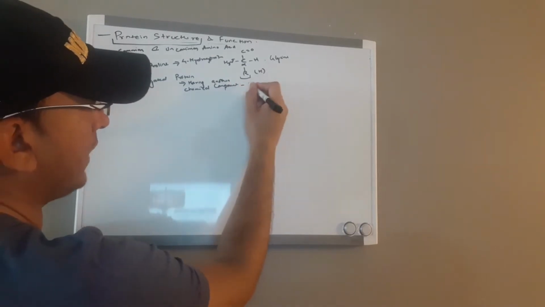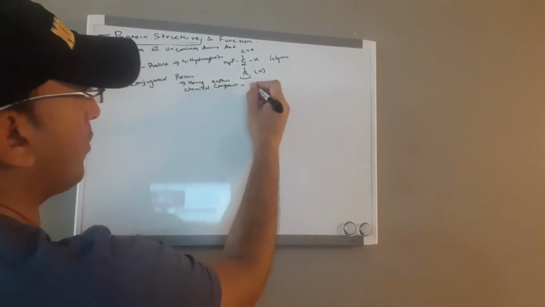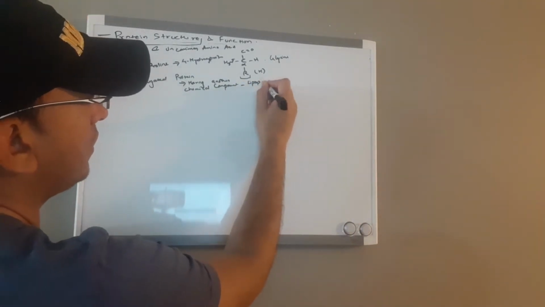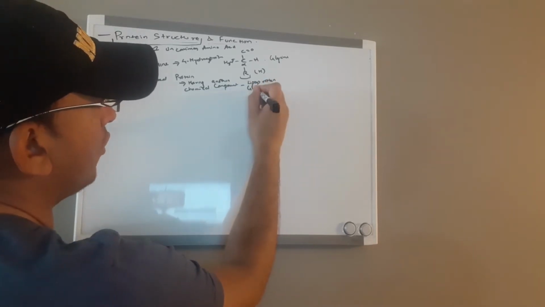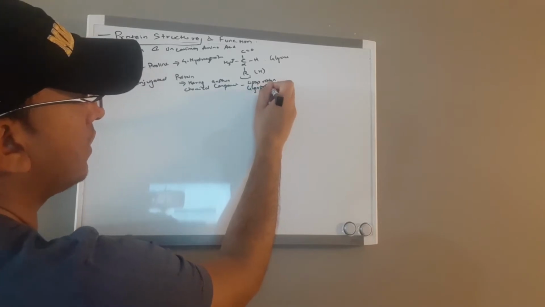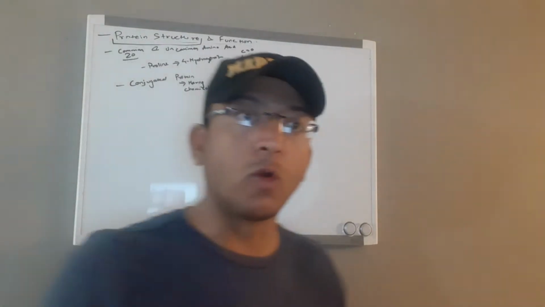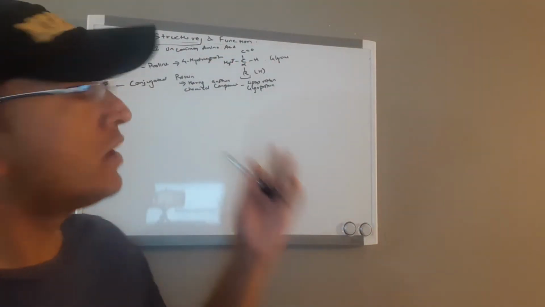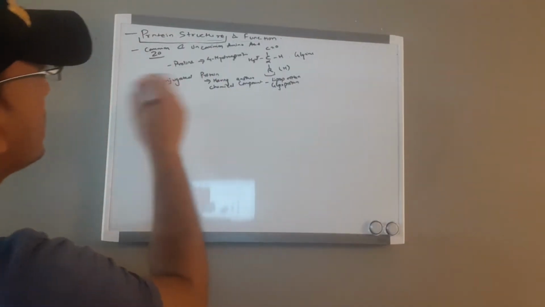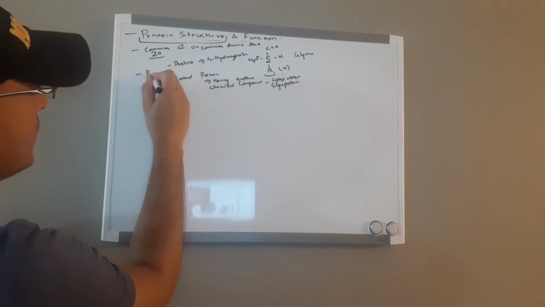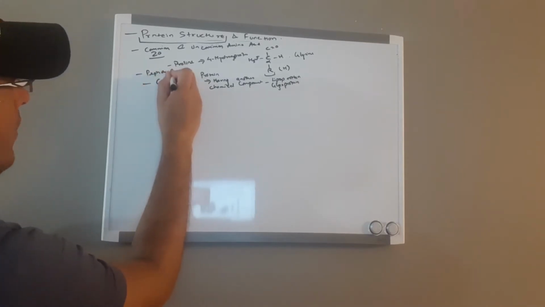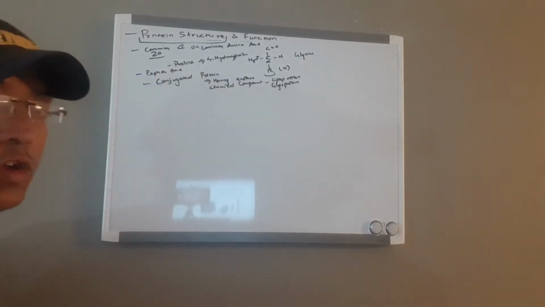For example, lipoprotein, glycoprotein, phosphoprotein. So these are examples of conjugated protein, right? So we saw the amino acid, then we saw the peptide bond. What is a peptide bond? And different kinds of conjugated protein.